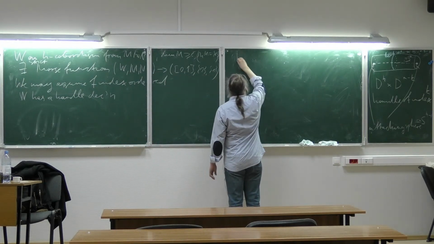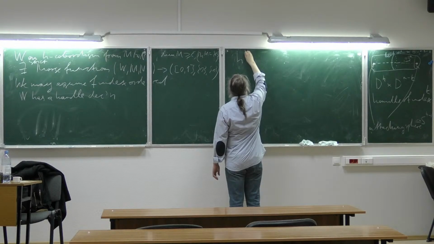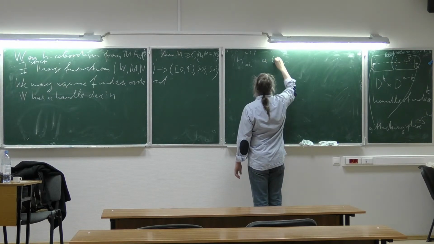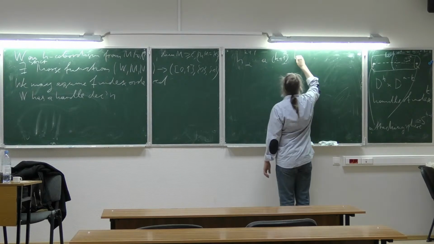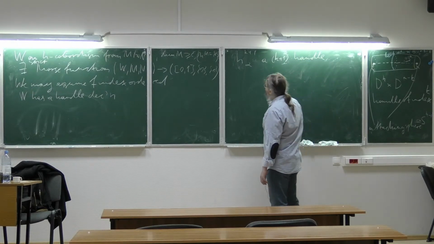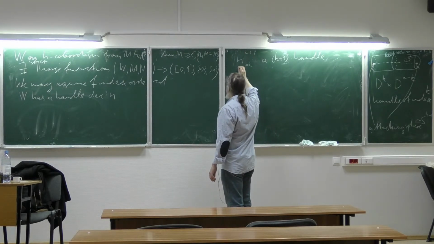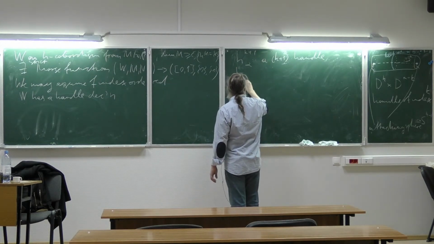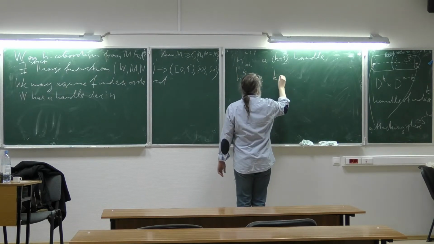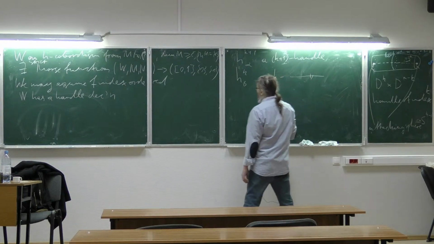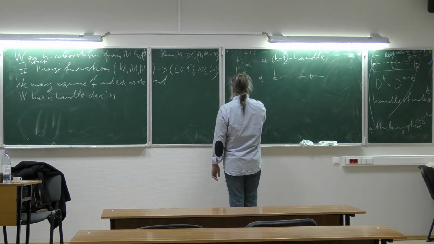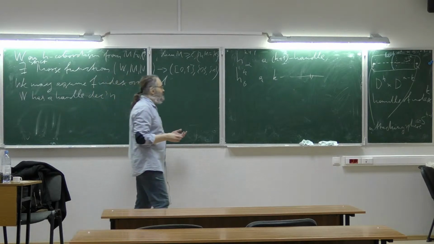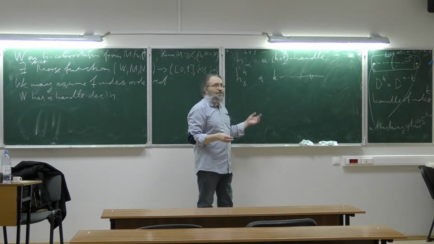So suppose I have one handle of index k plus 1 and another handle of index k, and I want to define the incidence coefficient of these two handles.